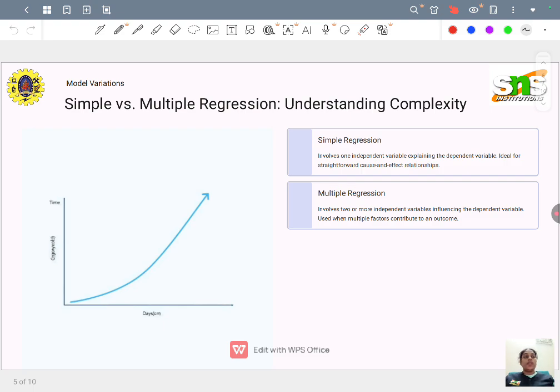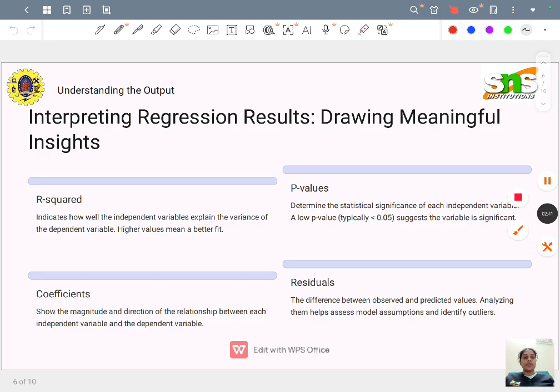And next we will see about interpreting regression results. Okay, when we run a regression model, we get several key outputs. First one is R squared, which tells us how much of the variation in the outcome our model explains.